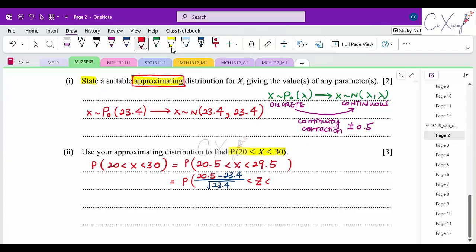Same thing for the upper limit, 29.5 minus the mean, divided by the standard deviation. Okay, then see what value you get. When you press the calculator, you get a long value. Please make sure that you keep it to 3 decimal places for the value of z.